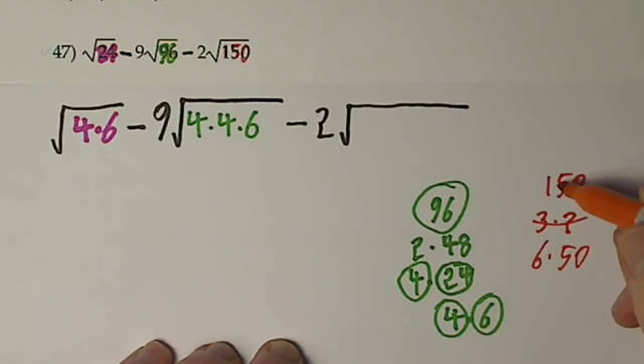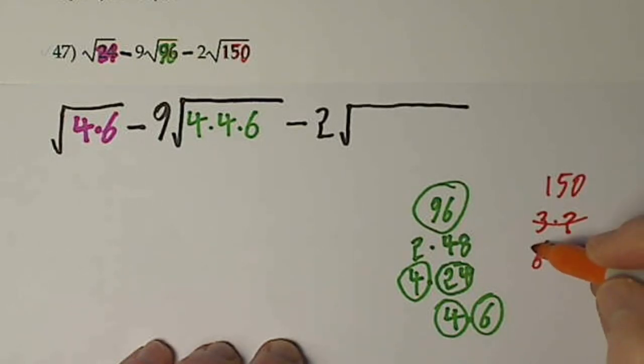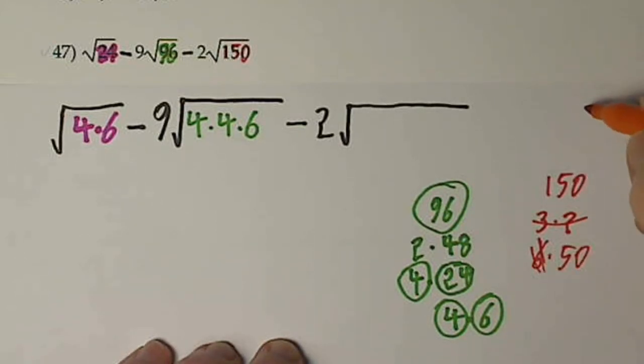I'm sorry. So let's see. And it wouldn't be 6 times 50 either. It would just be 3 times 50. But I really want the 25s, okay? So 150 can be written as 6 times 25. Okay?